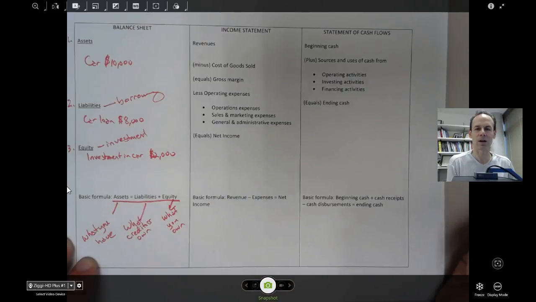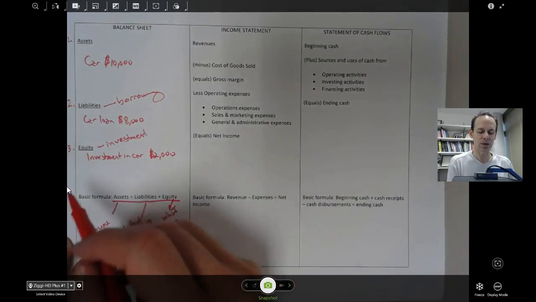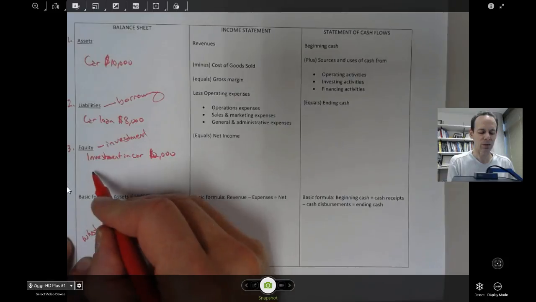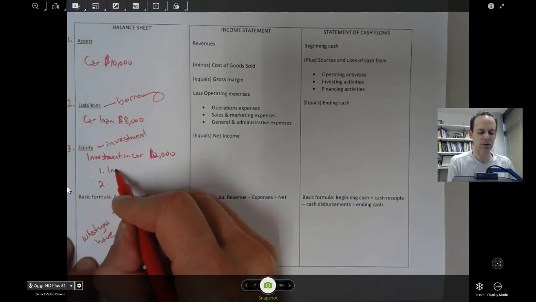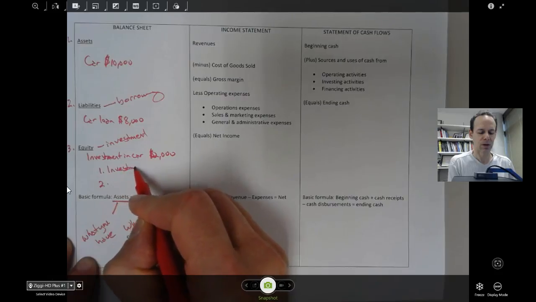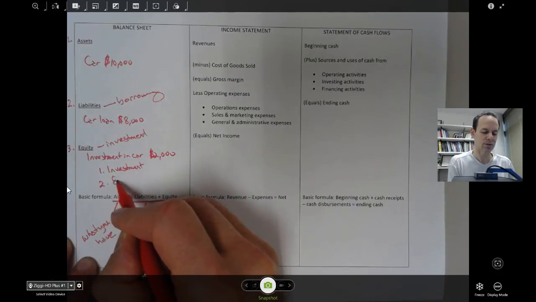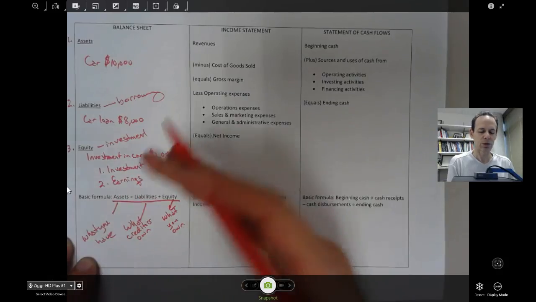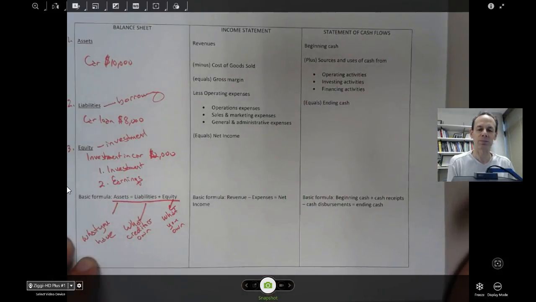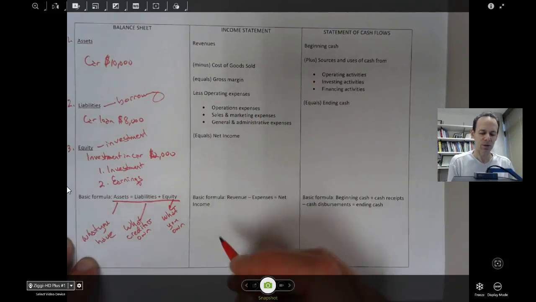All balance sheets are identical. The key thing is for a company, equity is composed of two pieces. The first piece is investment. The second piece is earnings. Which brings us now to the income statement. The income statement shows us performance over time.